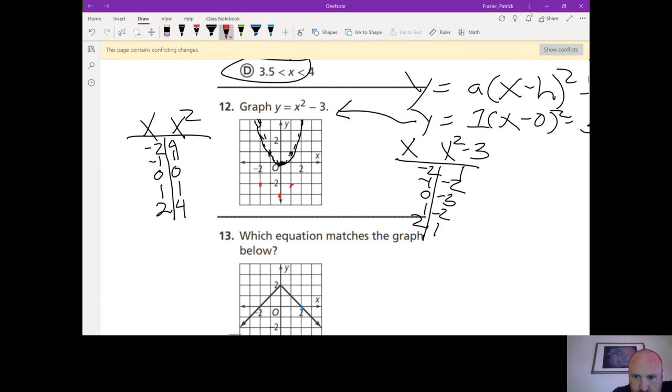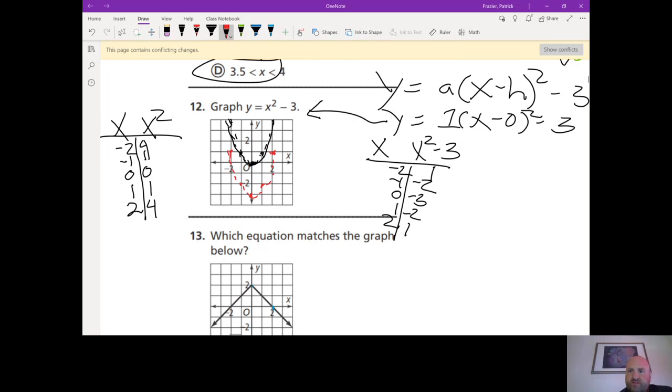And then 2 is 1, and negative 2 is 1. Oh, that red is a little off. Negative 2 is 1. So then we have the same graph really. It's just transformed. It's shifted down 3 units. So that's all that is.